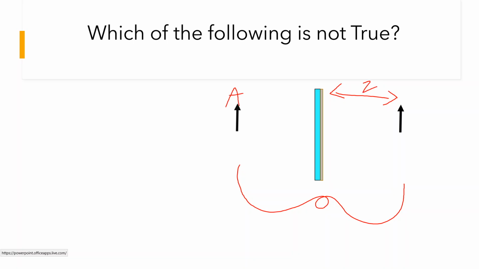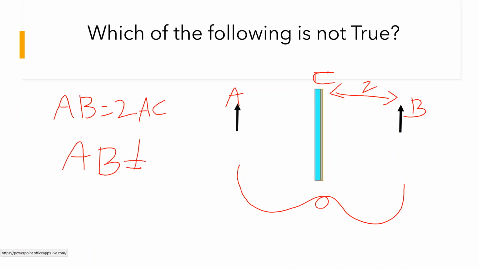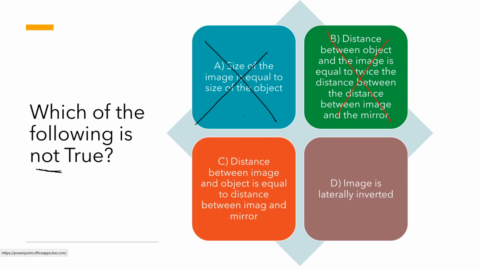If I name it A, C and B, then AB is equal to 2 times AC. But AB is not equal to AC. That's 100% sure. Then how can you say so? So this is false. It means it will satisfy the condition. Which of the following is not true means which of the following is false. The sixth one is false.